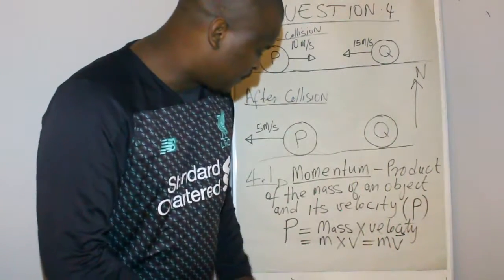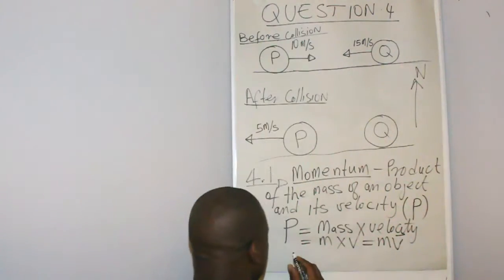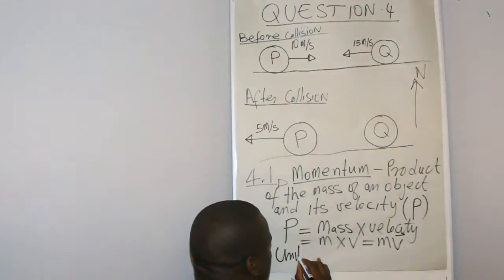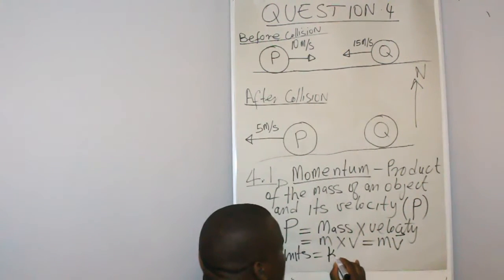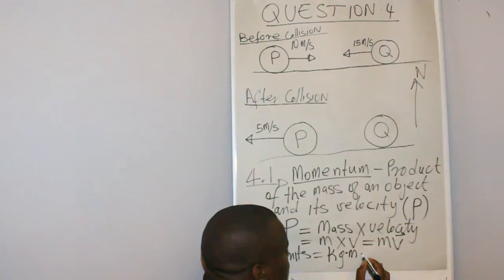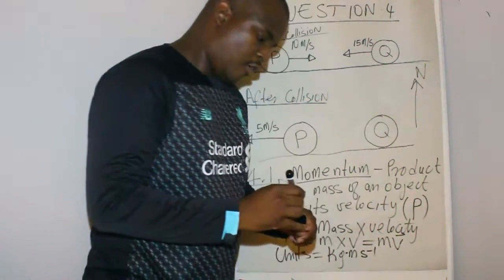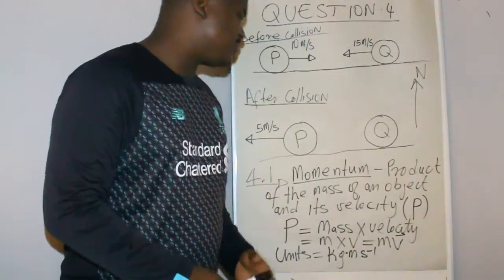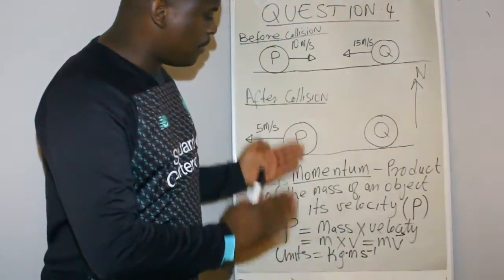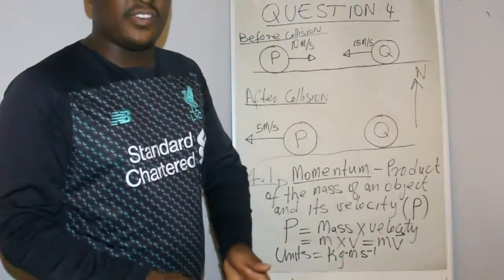The units for momentum are kg, which comes from the mass, meters per second. These are the units of momentum. To recap, momentum is the product of the mass of an object and its velocity.